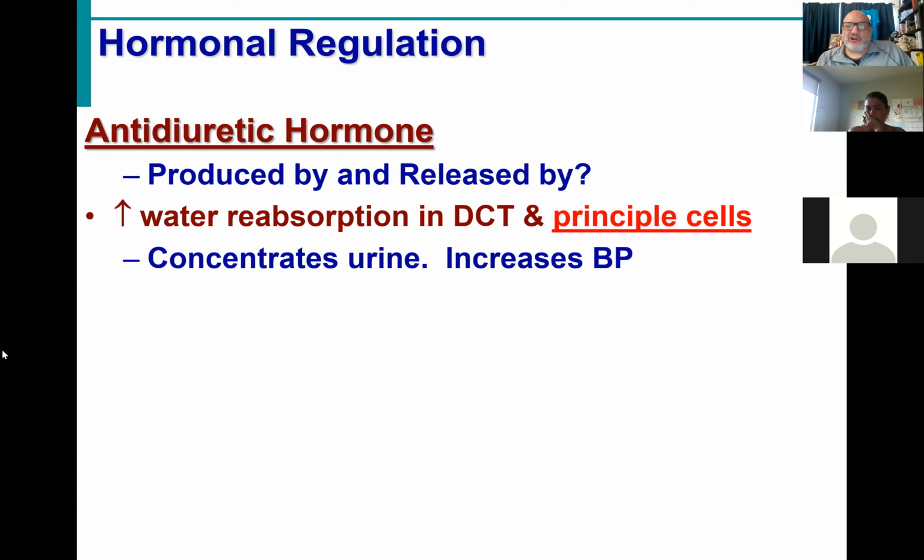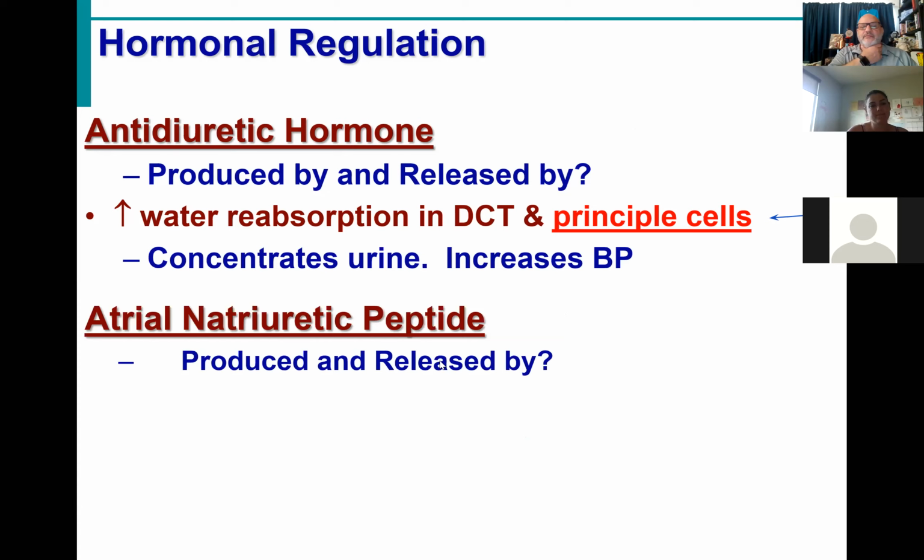Excellent. And again, other than knowing now about these aquaporins and where this takes place, there isn't a lot of new information on there. A similar thing happens with our atrial natriuretic peptide. Remember, this is the one that is produced by the atria of the heart in response to a high blood pressure.